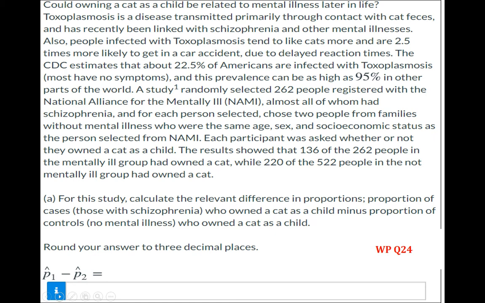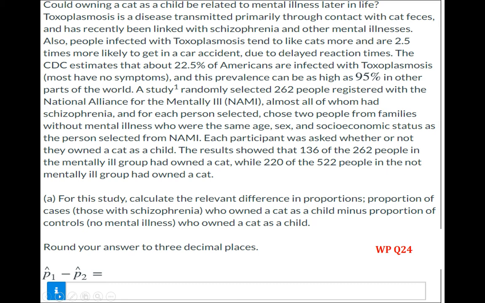A study randomly selected 262 people registered with the National Alliance for Mental Illness, almost all of whom had schizophrenia. And for each person selected, chose two people from the family without mental illness who were the same age, sex, and socioeconomic status. Each participant was asked whether or not they owned a cat.